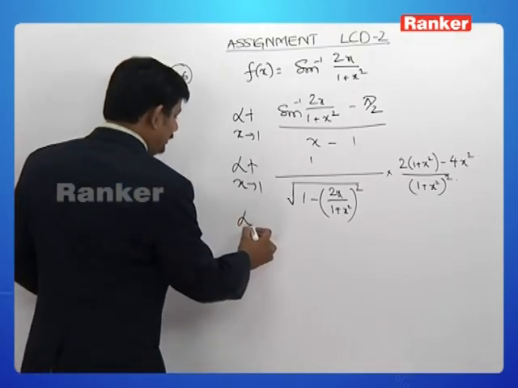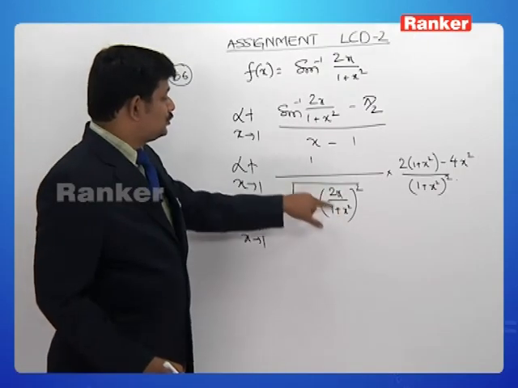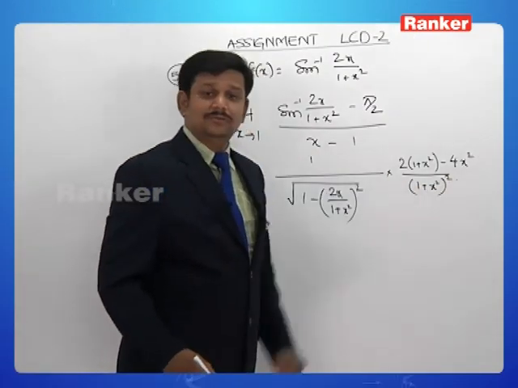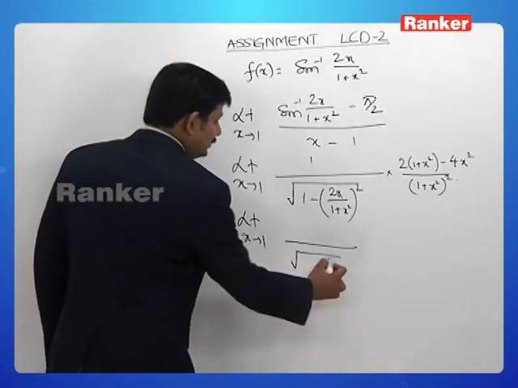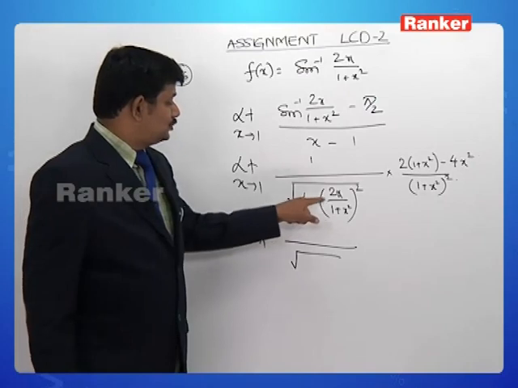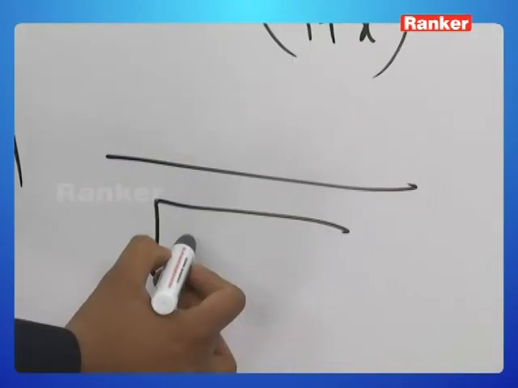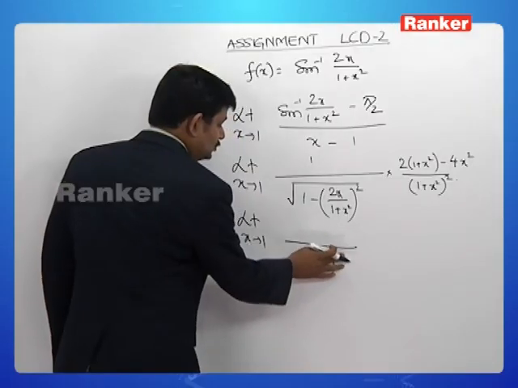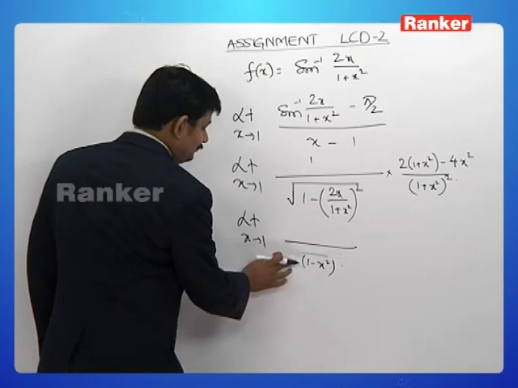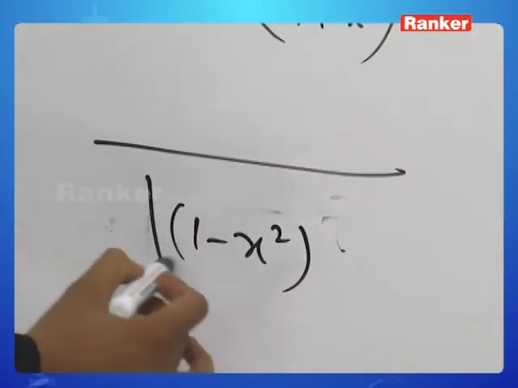Now let us simplify this. Limit x extending to 1, 1 plus x square whole square goes to the numerator, gets cancelled with 1 plus x square. Then in the denominator we are left with 1 plus x square whole square minus 4x square, which is 1 minus x square whole square, under root, we are left with 1 minus x square within mod.